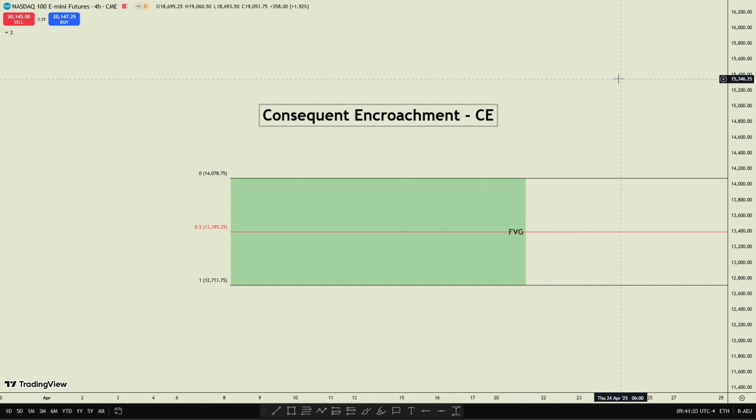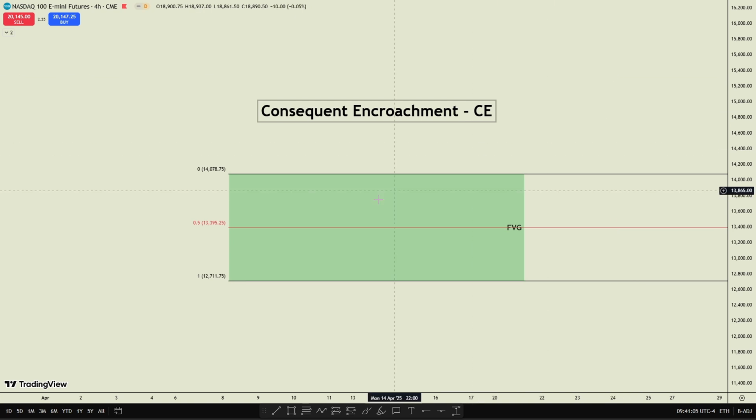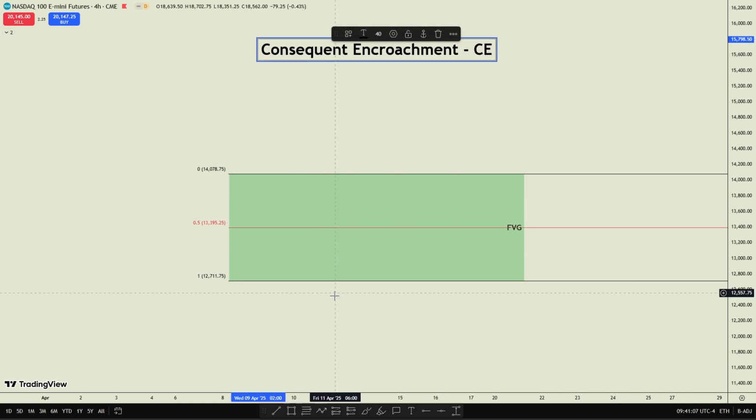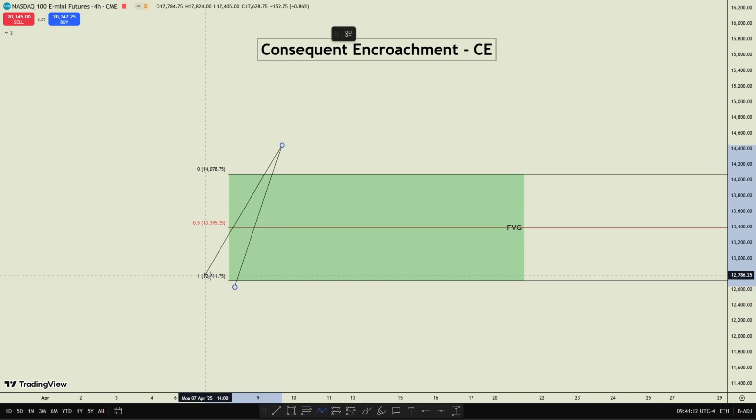How I trade consequent encroachment on the higher time frames is if we have price pushing through, so this leg created the fair value gap, now we're coming lower, we have just tapped into consequent encroachment, then you can expect to see your drastic move higher.